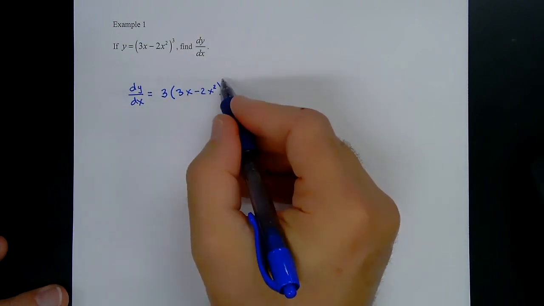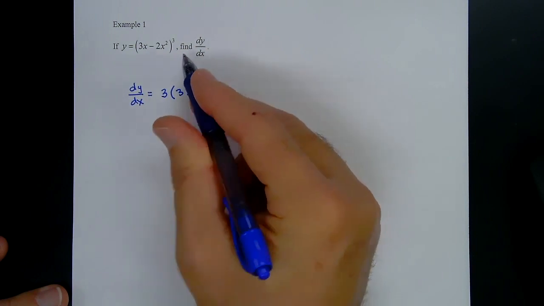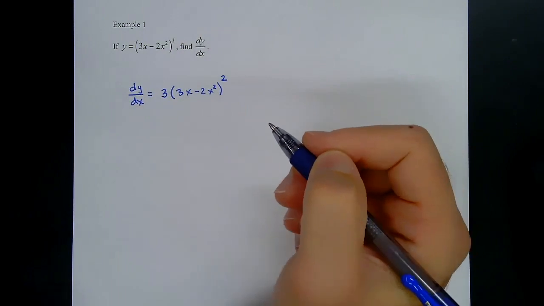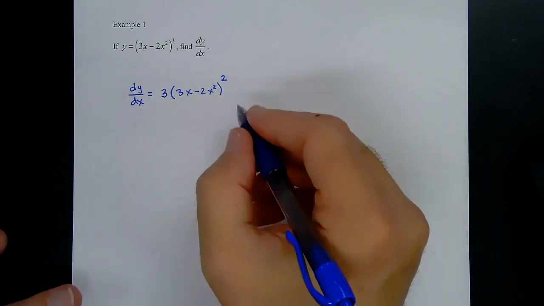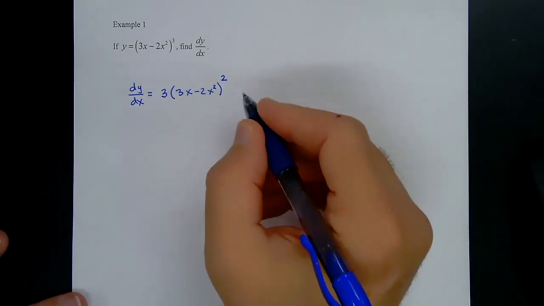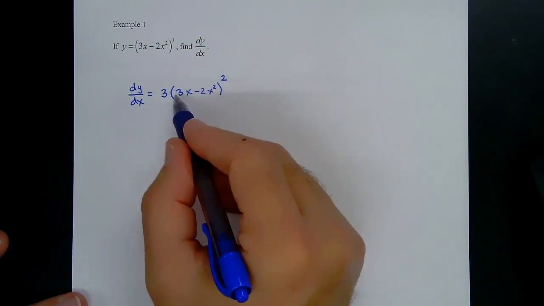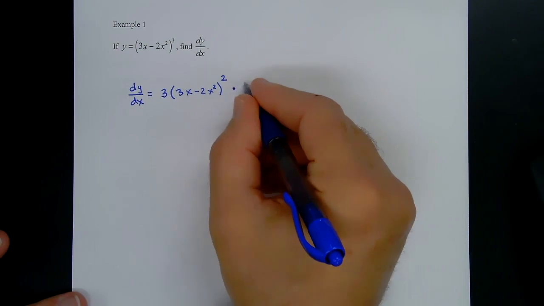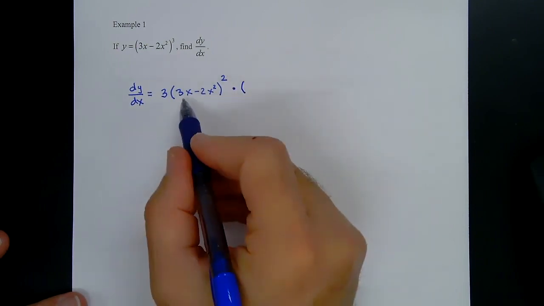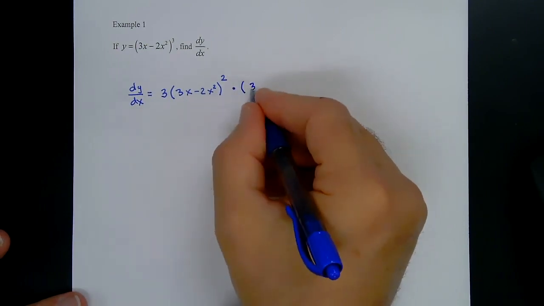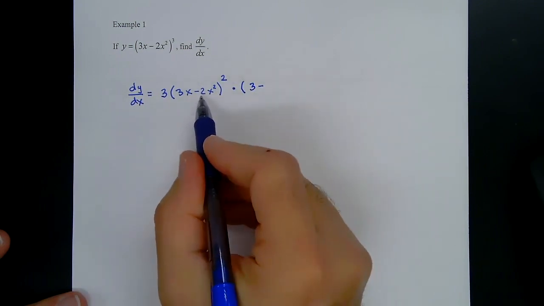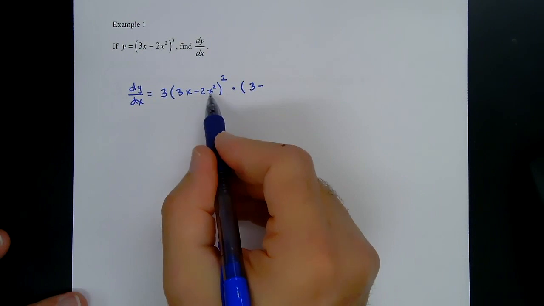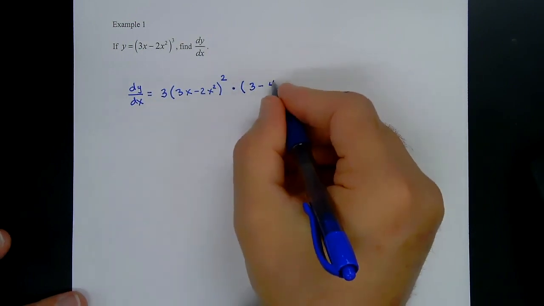And then we subtract 1 from the power. So that third power becomes a second power. And now we need to take the derivative of this inside piece right here. So this is going to be times, and we need parentheses, 3 minus, and this would be 2, bring the power down, so 2 times 2, which is 4x to the first, so just 4x.